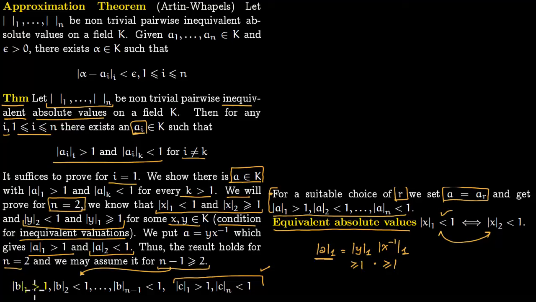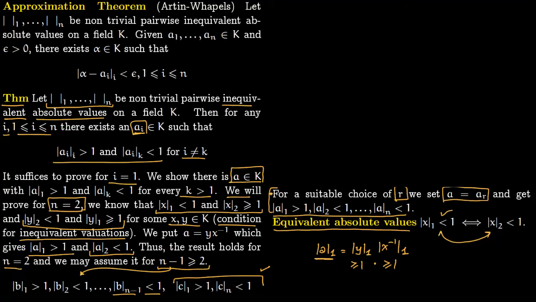So for b the first valuation is greater than 1, and 2 is less than 1, 3 is less than 1, all the way to n minus 1 is less than 1. So these are the two assumptions we are making. One for element c, which is just two valuations, and the rest for n minus 1. Anyway, you could have made it for 2 because 2 is less than or equal to n minus 1.